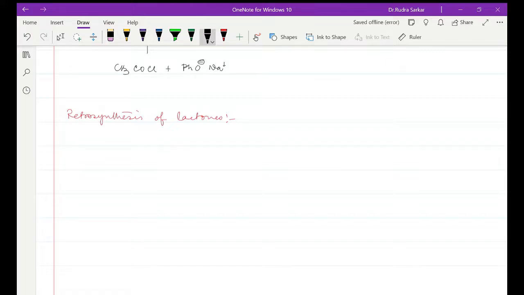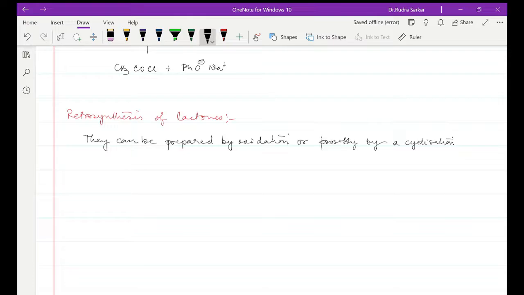Lactones are basically cyclic esters and they can be prepared by oxidation, or possibly by a cyclization reaction such as an intramolecular Fischer esterification.